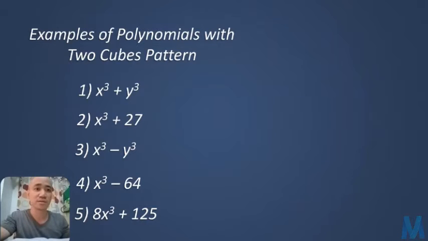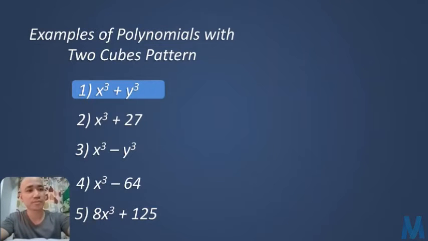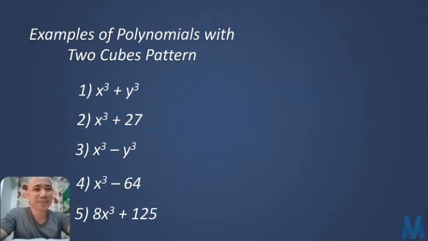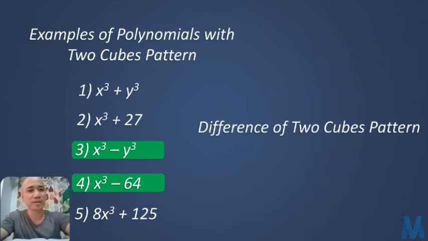Difference is the result if you subtract two numbers. Okay? So numbers 1, 2, and 5 are examples of sum of 2 cubes pattern. Then numbers 3 and 4 are examples of difference of 2 cubes pattern.